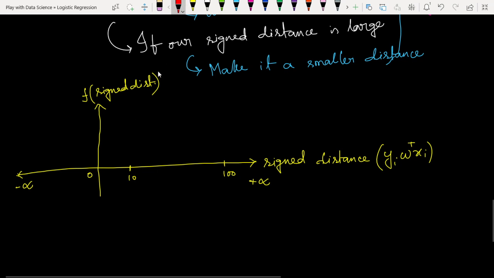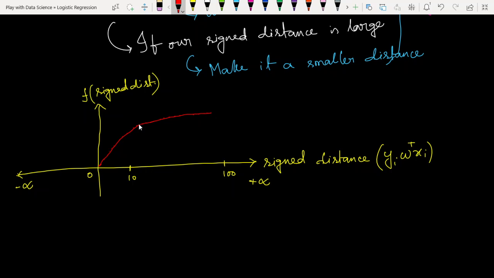Okay, if the point is increasing, then it will linearly increase, but after some time it will taper off. If smaller increases, this function increases, but after some time it will taper off.